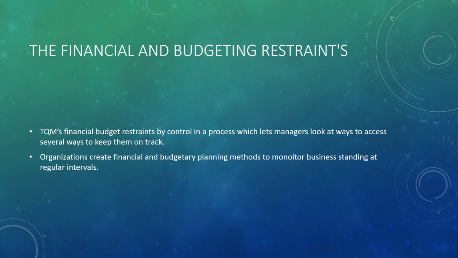Financial and budgeting restraint by control is a process which lets management look at several ways to keep them on track. Organizations create financial and budgetary planning methods to monitor business standings at regular intervals, because the company takes quarterly, half-yearly, and yearly statuses and bookkeeping. This gives them a chance to see what their budget needs to be, what the finances of the company are, and what shape they're in.